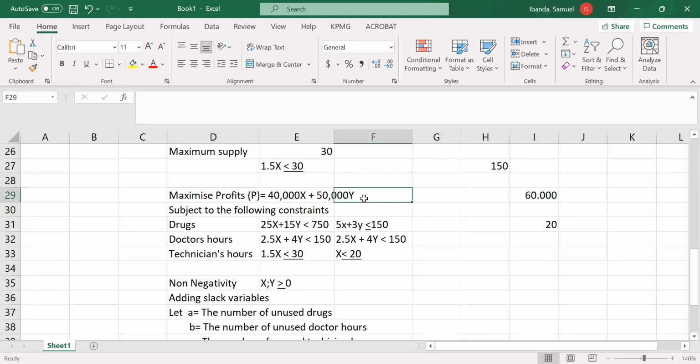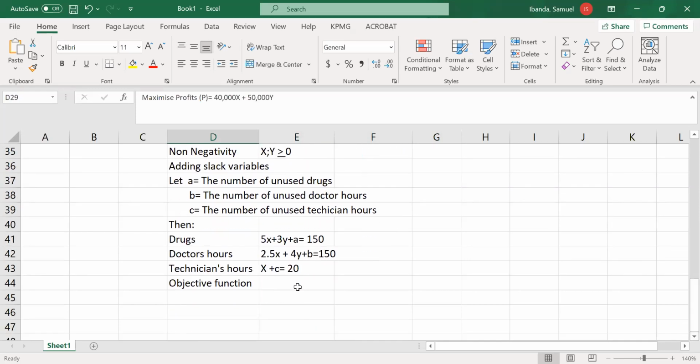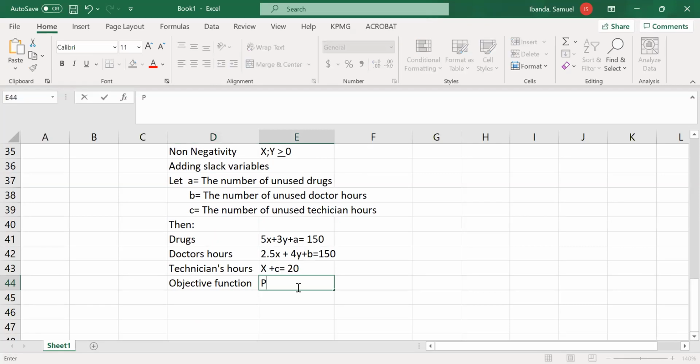So I'm going to bring this 40x this side, 50y this side, so that the function is going to be P minus 40,000x minus 50,000y is equal to 0. So I'm just trying to change the function so that it can equal to 0.